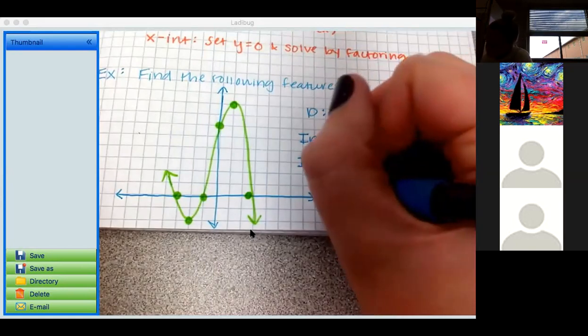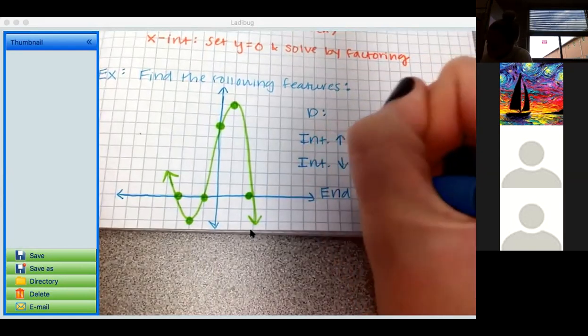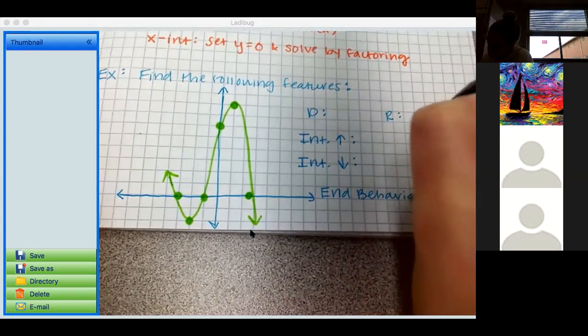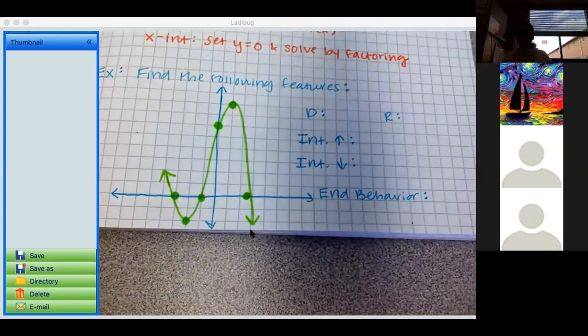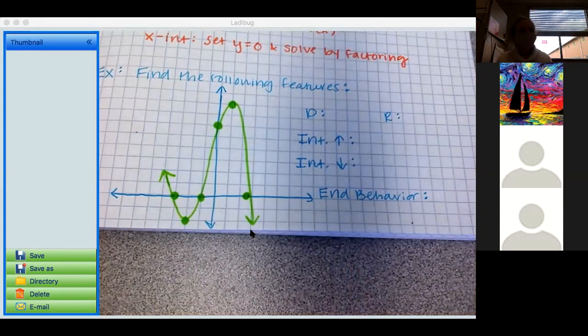And end behavior. How much time do we think we need? Like 2 minutes? Okay, 2 minutes, just try it. See how much you remember, see what you know.